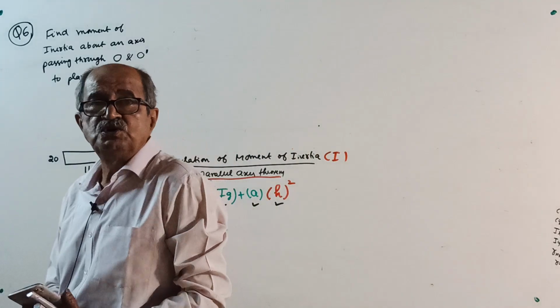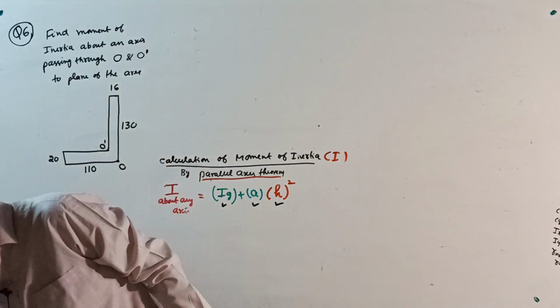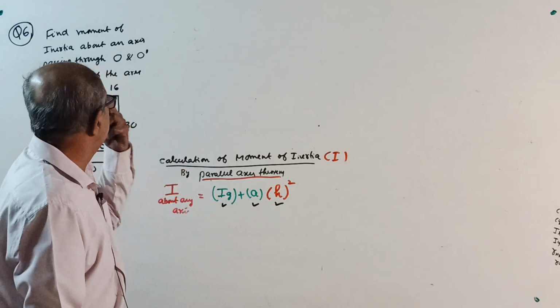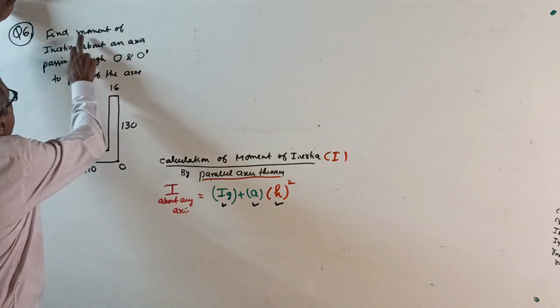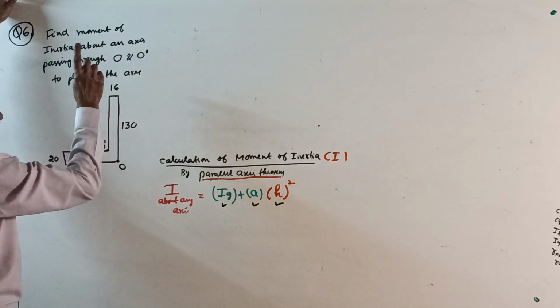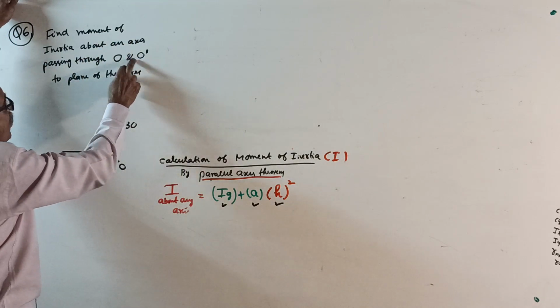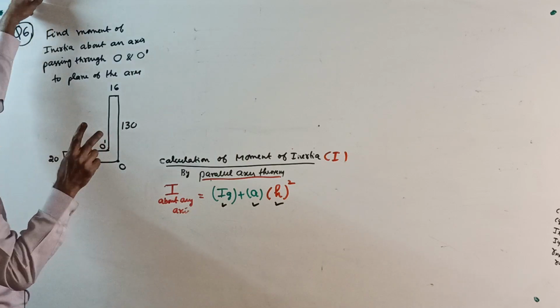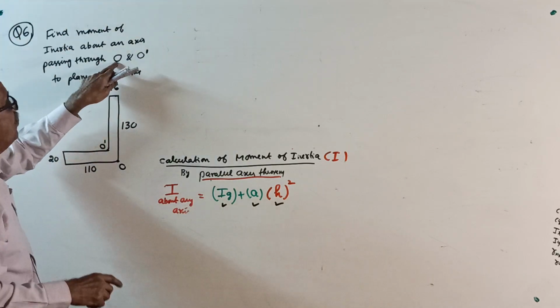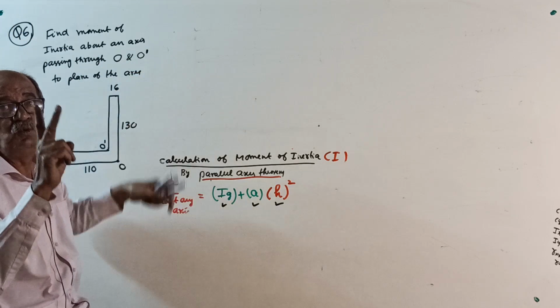Now, question 6. See the question correctly. Find the moment of inertia about an axis passing through O and O dash. That is two separate questions. Passing through O and O dash means two questions are there.